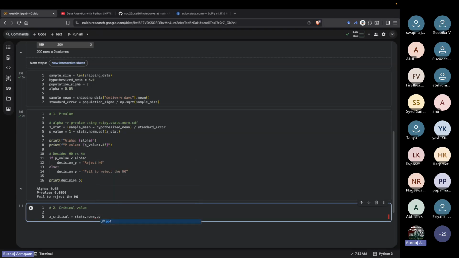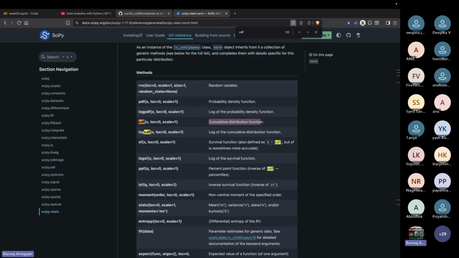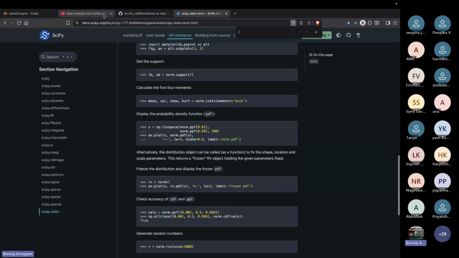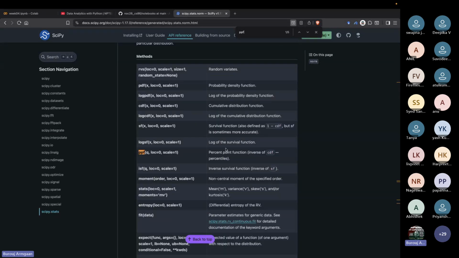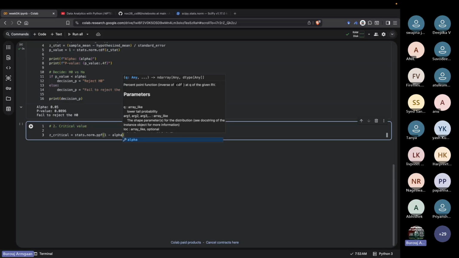This is given by the function ppf. As usual, you can refer to the documentation. The ppf is the percent point function. It is the inverse of the cdf. The cdf gives you the probability, and this gives you the inverse, that is, at what point will you receive this much probability? You pass in 1 minus alpha rather than alpha. Alpha would give you the left hand side, 1 minus alpha gives you the right hand side of the curve.